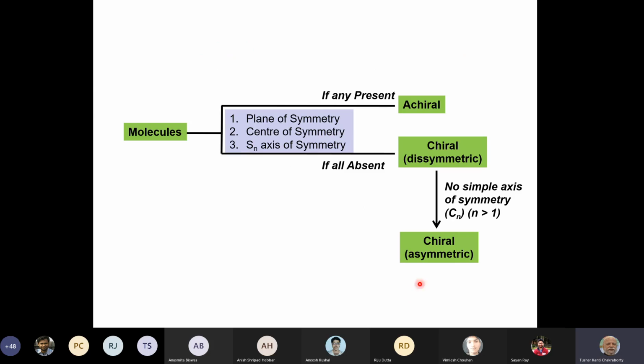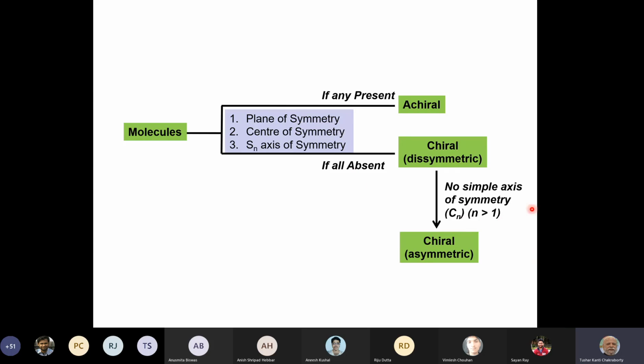So if you have a molecule where any of those elements of symmetry are present, then you call it not optically active, an achiral molecule. And if all of them are absent, then we call it chiral dissymmetric, and if on top of it there is a simple axis of symmetry, then you call it chiral asymmetric.